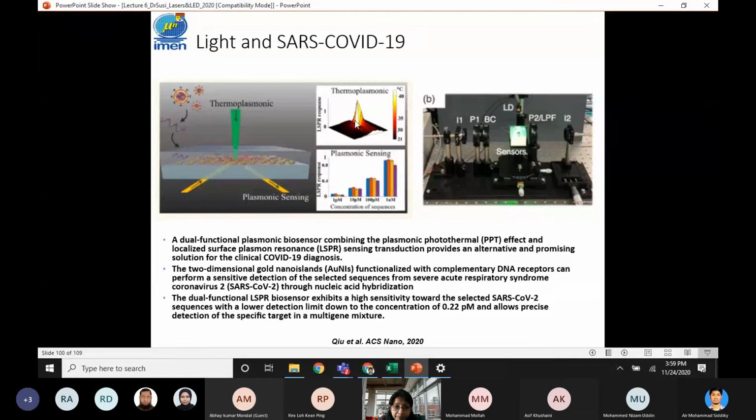In fact, it can detect increasing molarity from as low as 1 picomolar until 1 nanomolar. So this is the concentration of the COVID virus. This one was produced by Q in 2020. Okay, so this is one example of plasmonic detection of the SARS-CoV-2 virus.